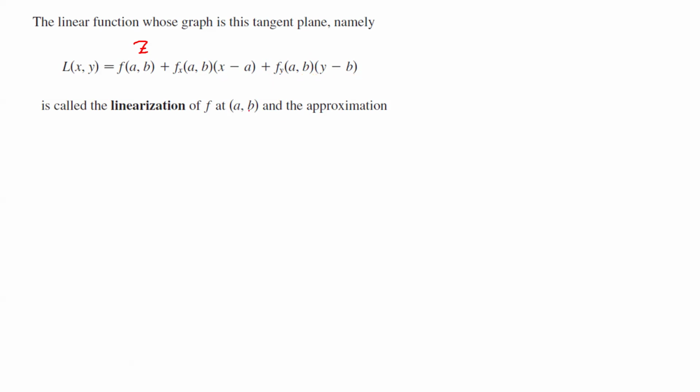So you only have your x and y here. You can easily plug that into the function and find the z value.